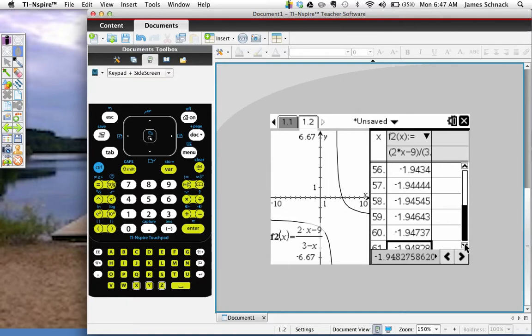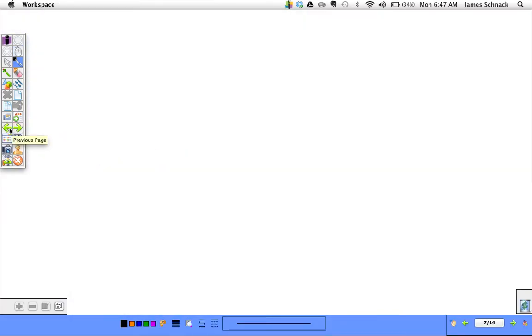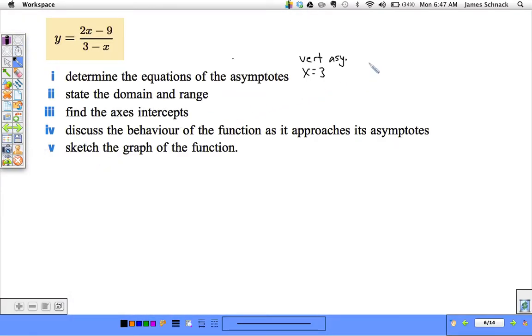And as x is getting really big, this graph happens to be getting really close to -2. So our horizontal asymptote is y equals -2.